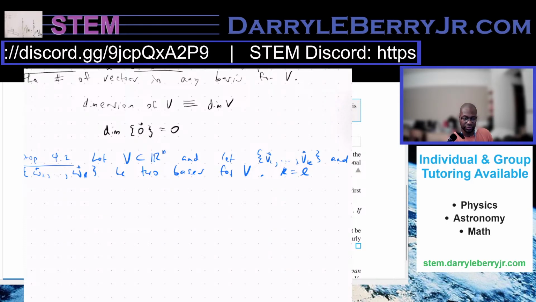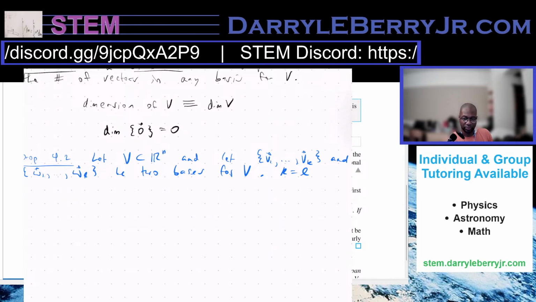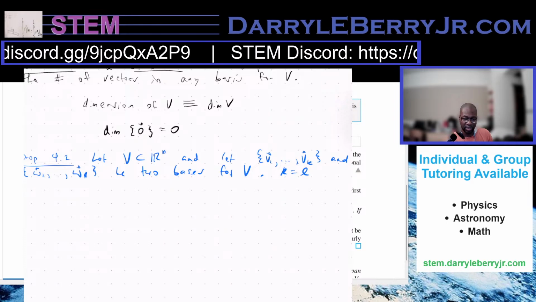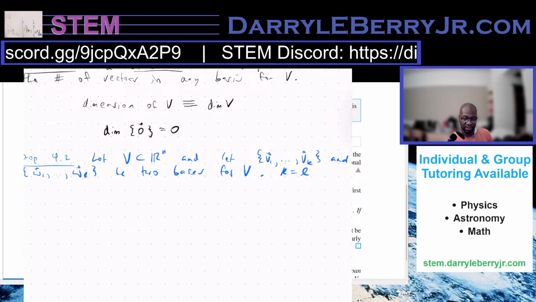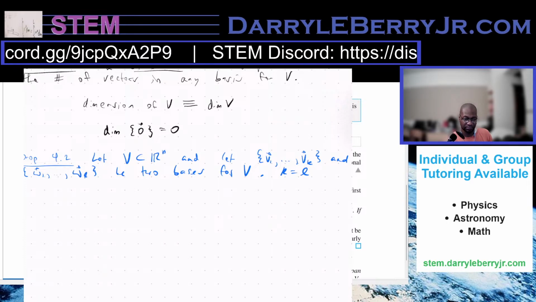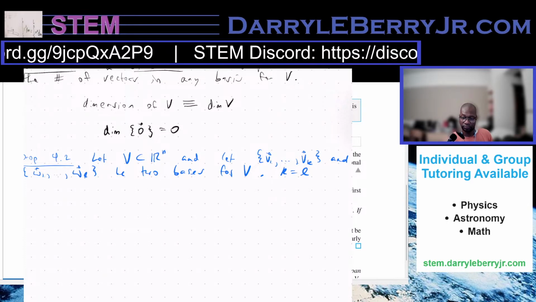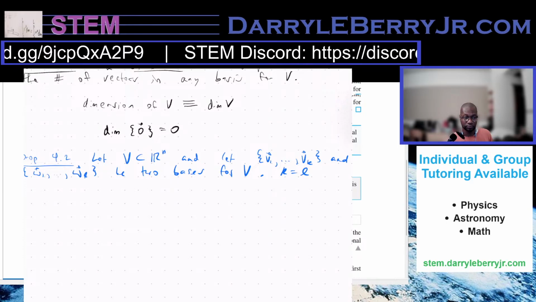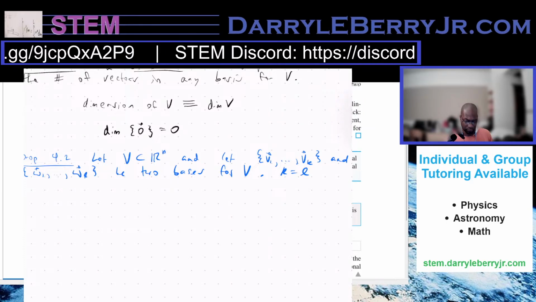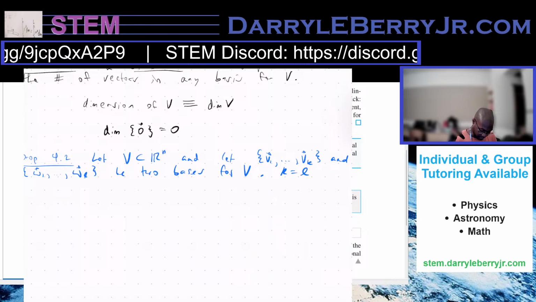A line through the origin is a one-dimensional subspace, and a plane through the origin is a two-dimensional subspace. Well, that was a short example. That was theorem 4.2, by the way.